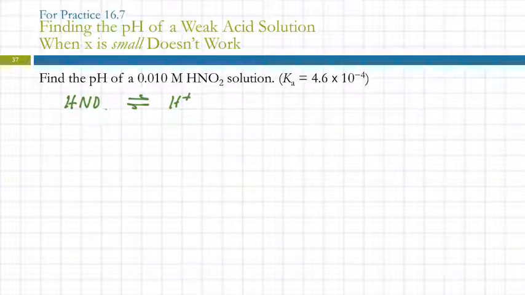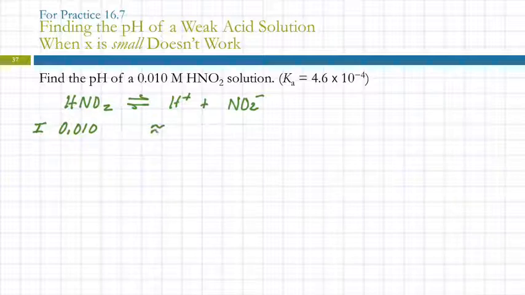That would be a strong acid. That wouldn't work. NO2. Initial 0.010 molar of the HNO2, approximately 0 for the hydrogen ion, and 0 for the nitrite. Change minus X plus X and plus X.